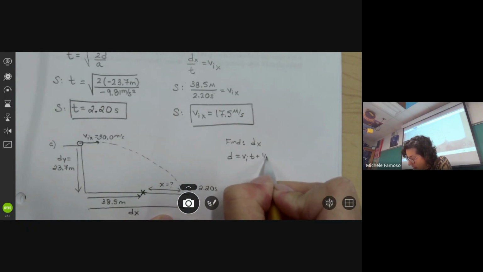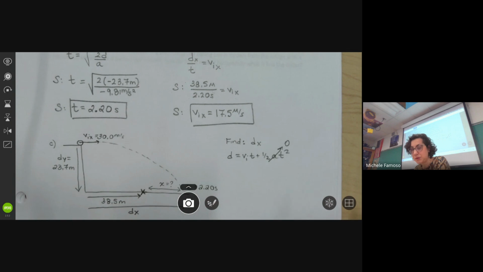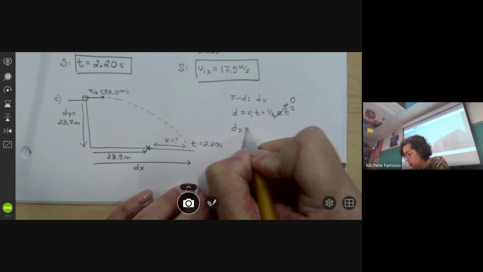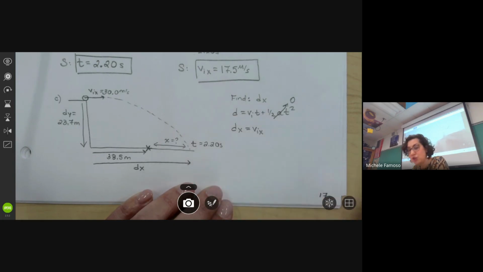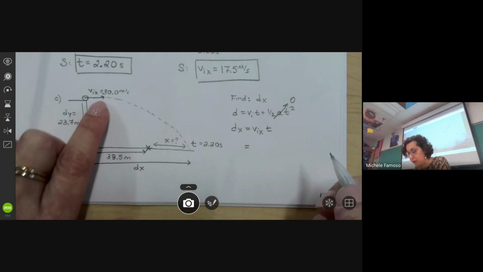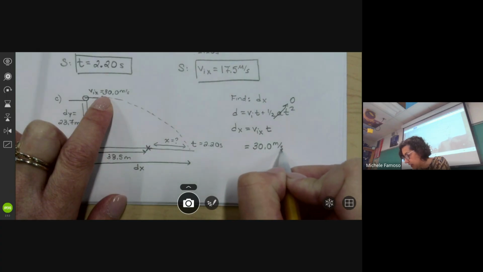That's right. And in the X direction, remember the acceleration is 0, so that goes away, which means that the horizontal distance we're looking for is that initial velocity going out times the time. The initial velocity coming out, we were told, is 30.0 meters per second.